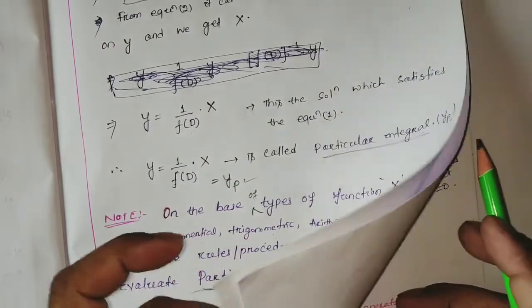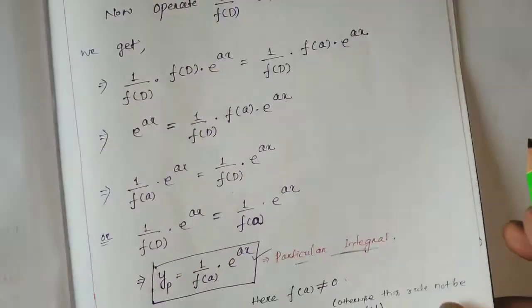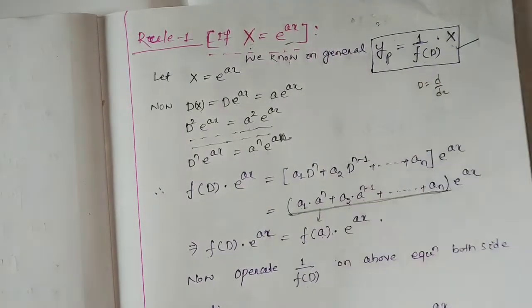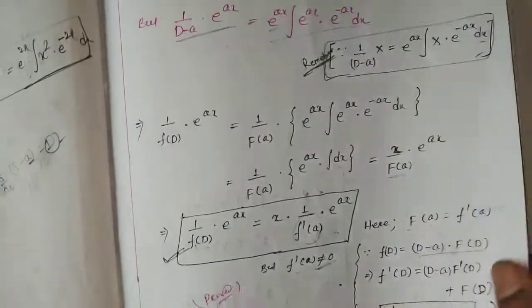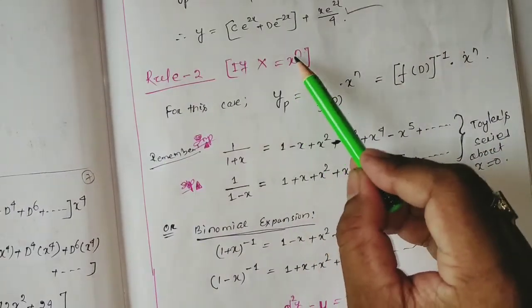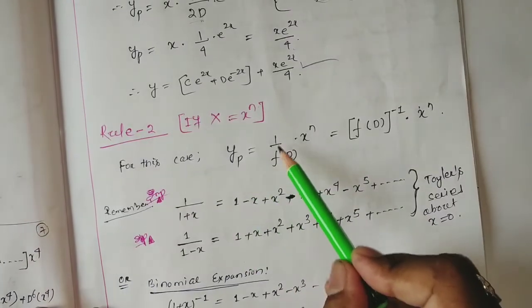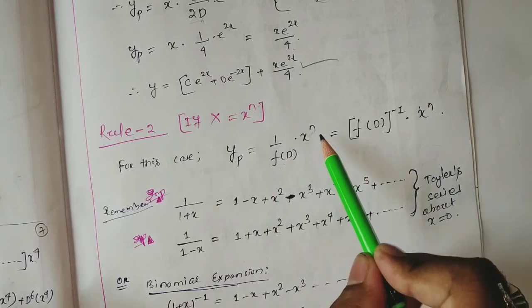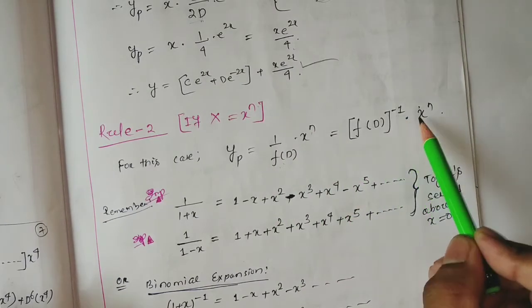But in our rule 1 we discussed in detail what procedure to follow when this is an exponential function. Now we are considering x equal to x to the power n, so what will be the procedure? In general, yp equal to 1 by f of d into x to the power n, this one we know, or f of d inverse x to the power n.